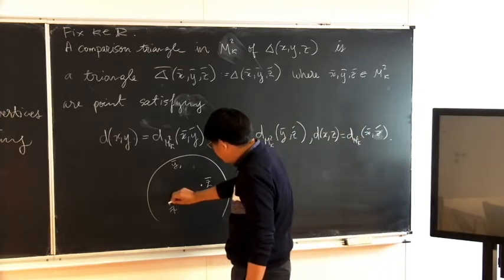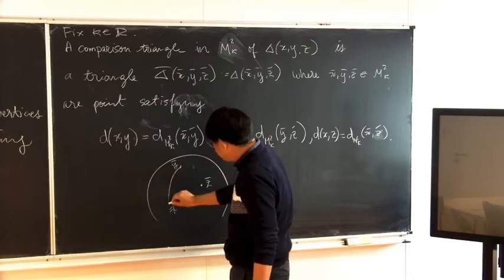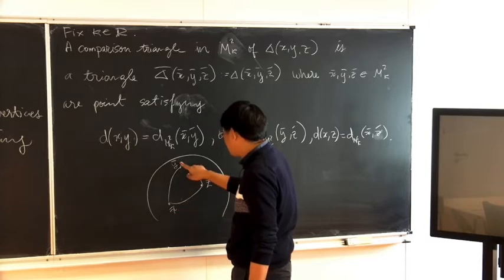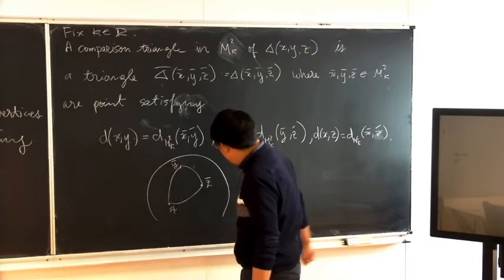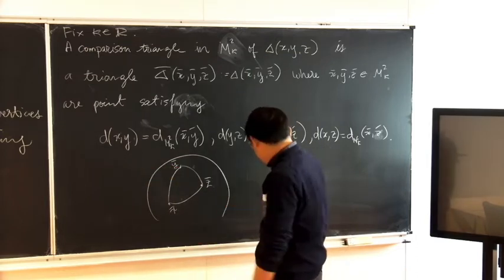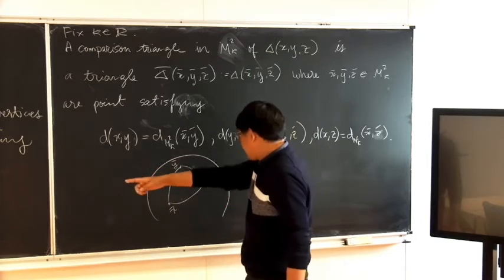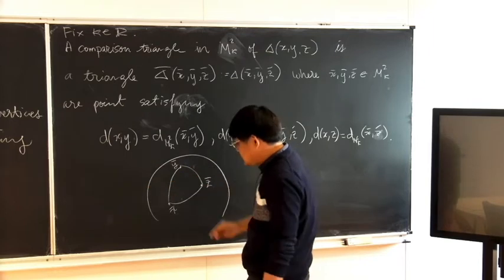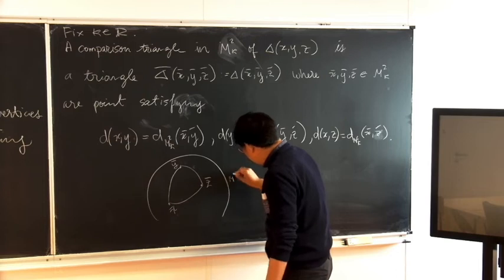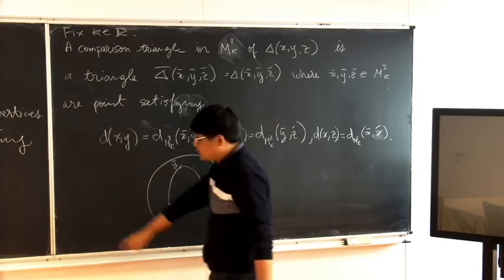Okay, such that when you construct the geodesic segment joining x bar to y bar to z bar, and z bar back to x bar, you have similarity between the geodesic triangle in X and this triangle in M2 kappa. Let's go back to this a little bit.